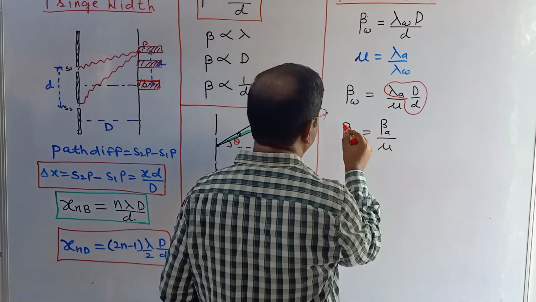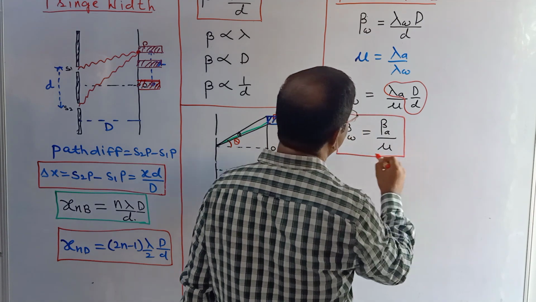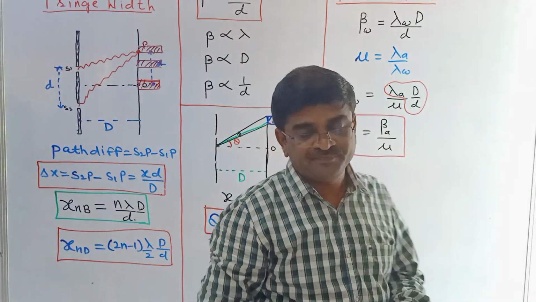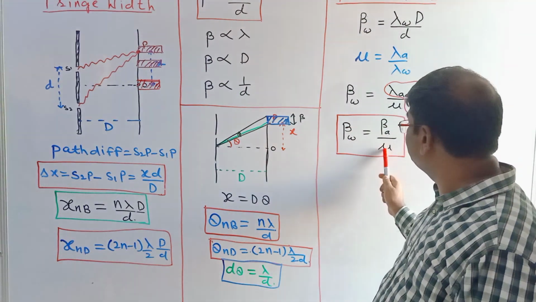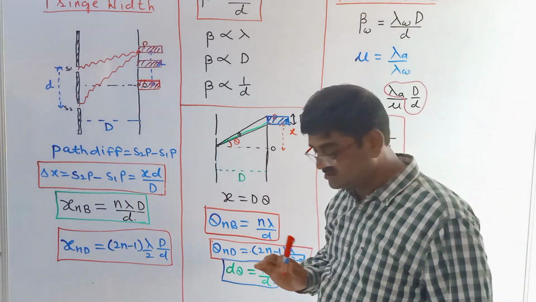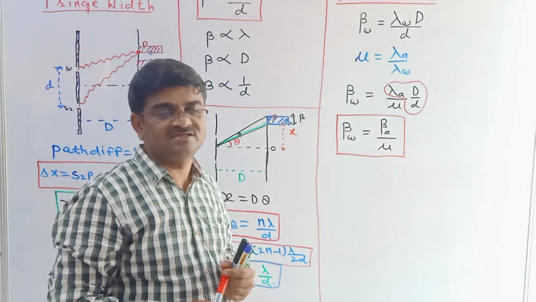Very important formula. Whenever a YDS setup is put into any another media, the new fringe width you get is given by this relation. So what has come in the denominator is a mu, refractive index.